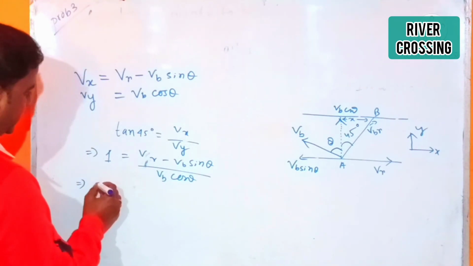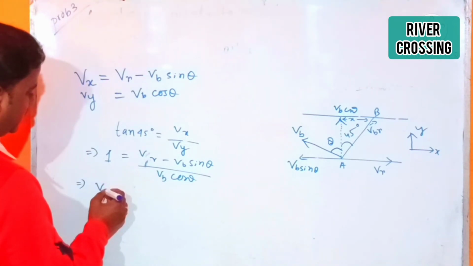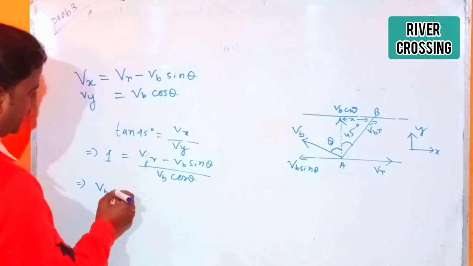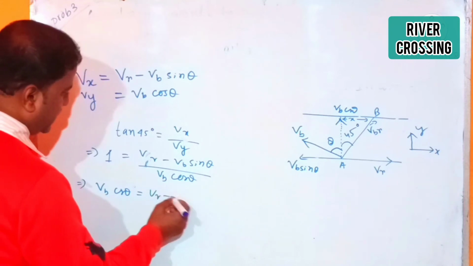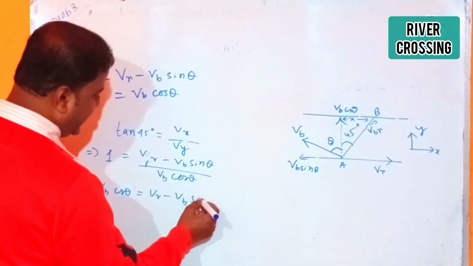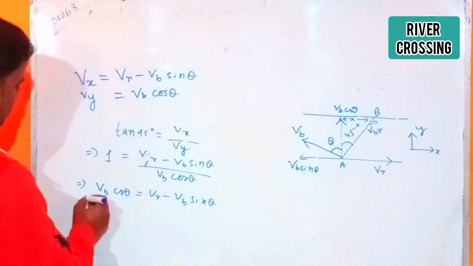And we get Vb cos theta equal to Vr minus Vb sin theta.